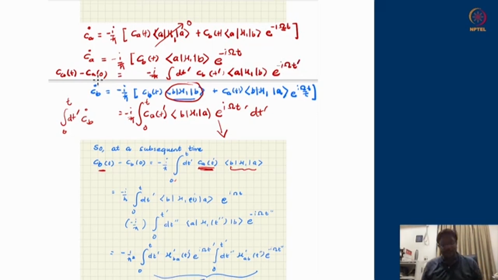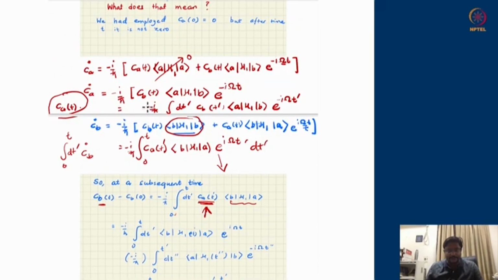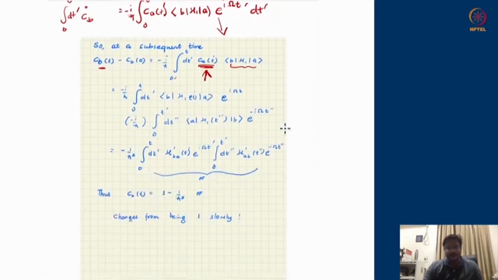And since CA of 0 is 0, the left hand side only survives with one entry, which is CA of t. This CA of t over here is required to be fed in here in order to know what is CB of t. So I just use this integral form, which is minus iota upon h bar, this integral with a CB here coming along, and matrix element between a h1b and e to the power minus I omega t prime. All these things I have written here.